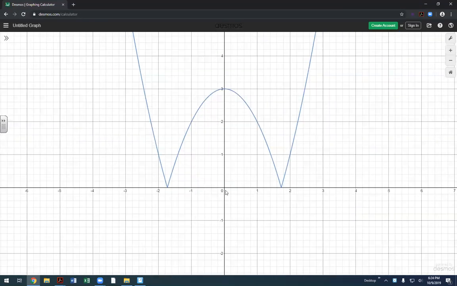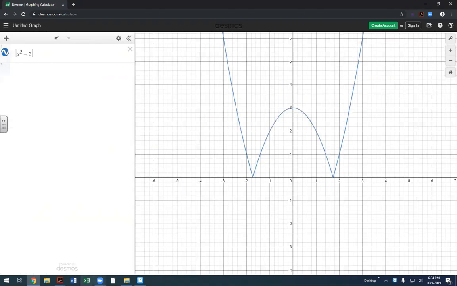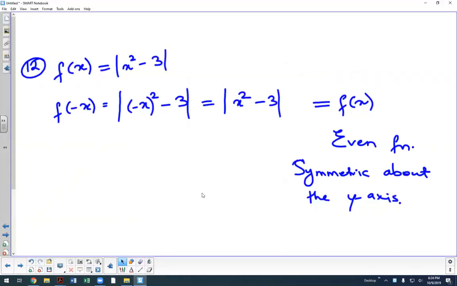And you can see as far as symmetry with the y-axis goes, we can actually fold along the y-axis, and our two halves will coincide. So this one definitely proves that it's an even function. So symmetry about the y-axis for number 12.